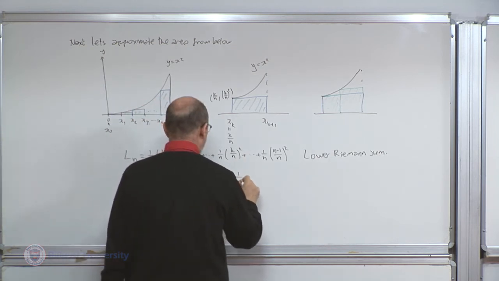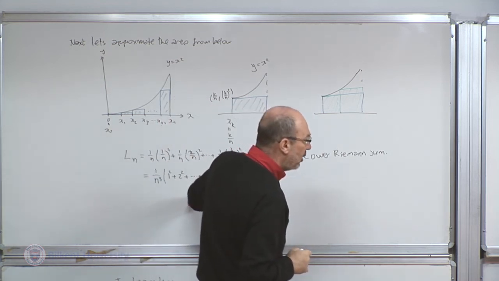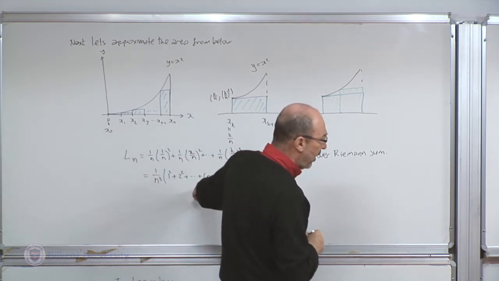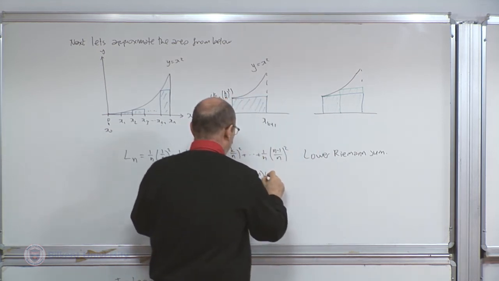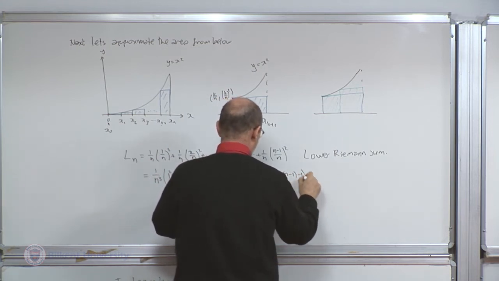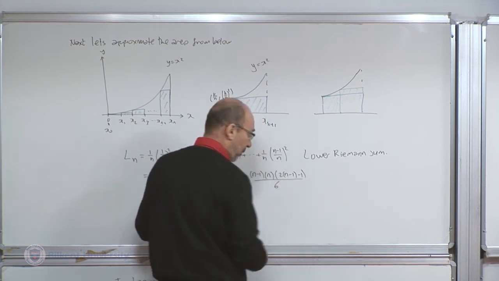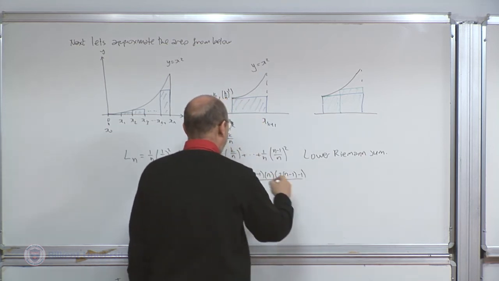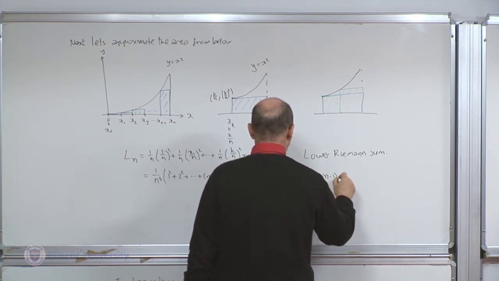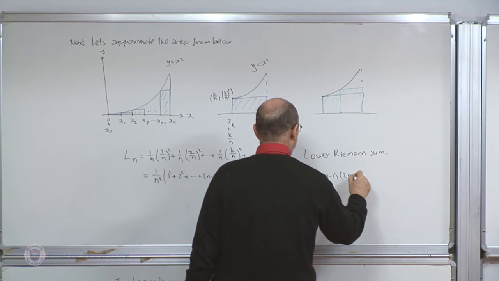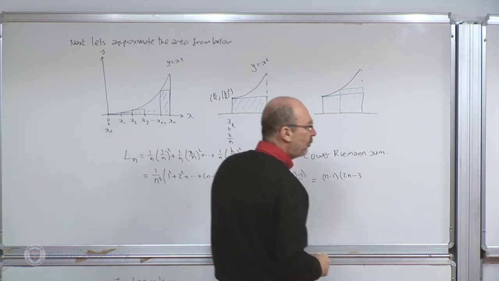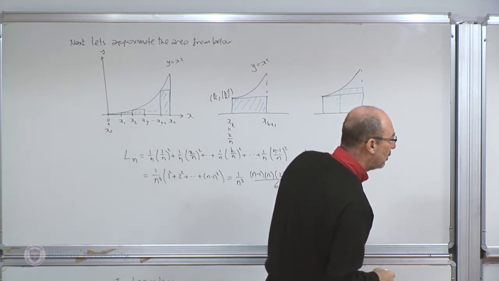This is 1 over n cubed times (n minus 1), then (n minus 1 plus 1), which is n, then (2(n minus 1) minus 1), all divided by 6. You see again the n's will cancel. I will have (n minus 1)(2n minus 1 minus 1)... minus 3. Is that right?